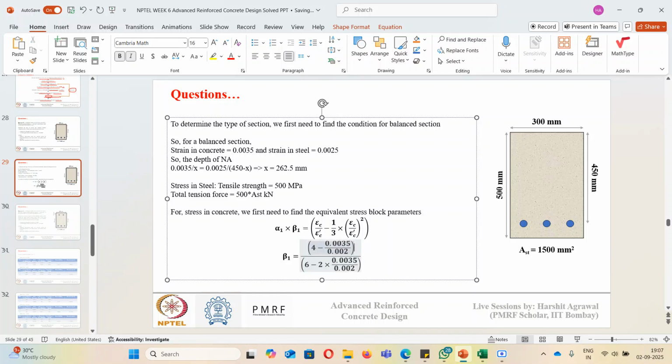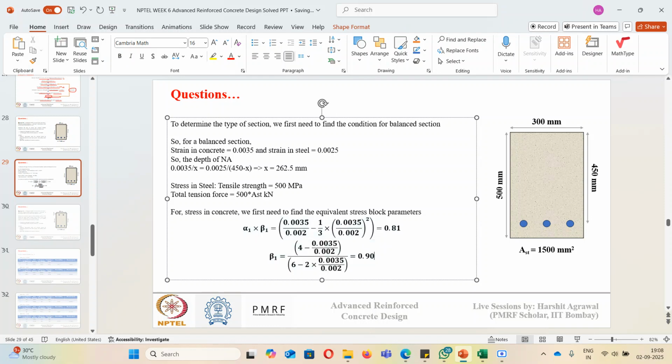Upon solving, we get the value of beta 1, which comes out to be 0.90. When we substitute this here also, epsilon c 0.0035, epsilon c dash 0.002, and beta 1 we know is 0.9. Upon solving, the alpha 1 value comes out to be 0.81.